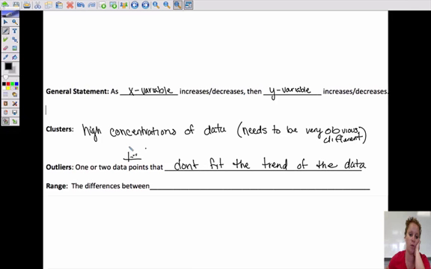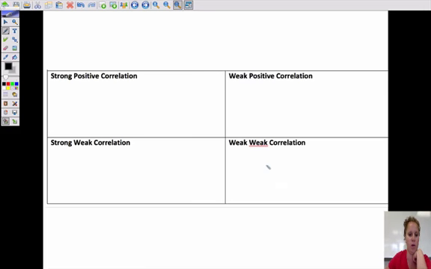If it were over here, then it would be an outlier. And the range is the difference between the maximum, or the biggest number, and the minimum, the smallest number.